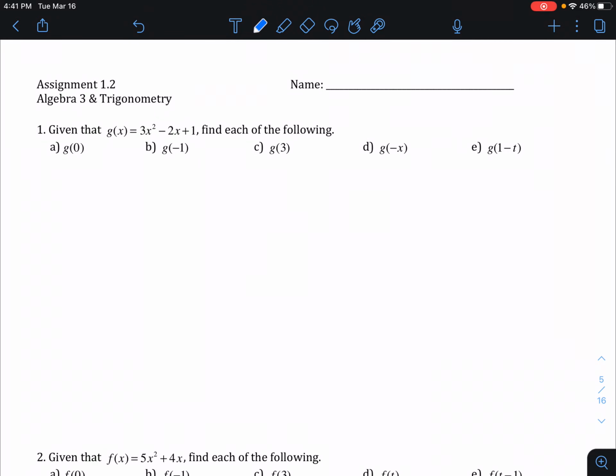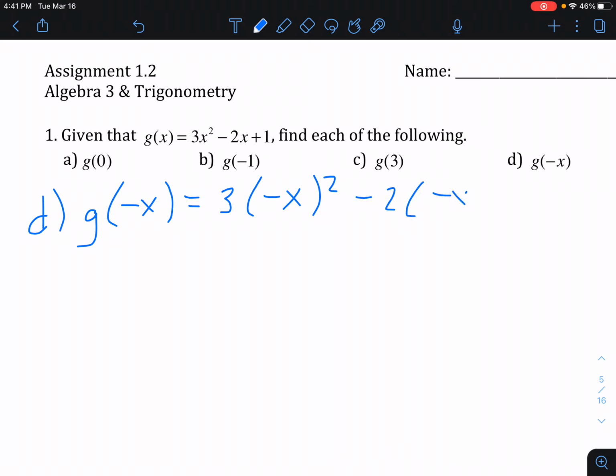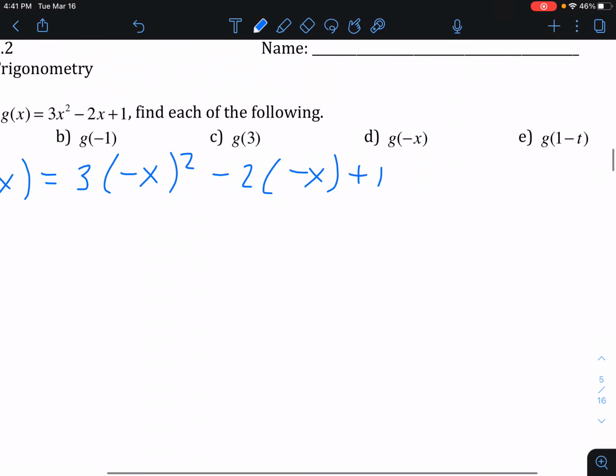The one I want to look at here, I want to do letter D for you. So g of negative x is, negative x is going in for x. And then we're going to do the exponent.